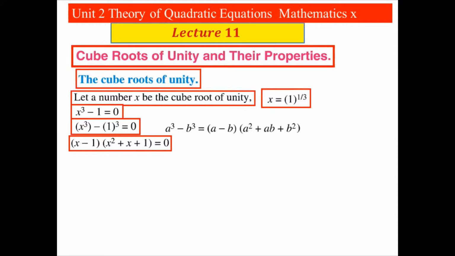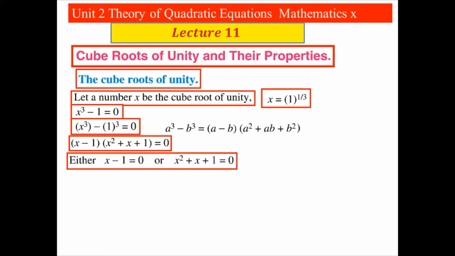So either x minus 1 is equal to 0 or x square plus x plus 1 is equal to 0. If x minus 1 is equal to 0, it means x is equal to 1. And we know that this is the standard form of the quadratic equation.